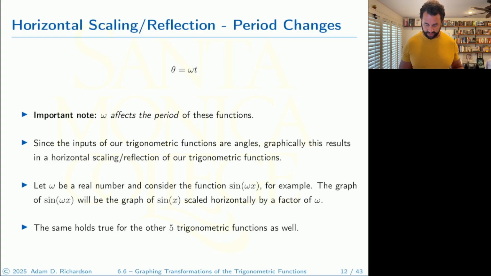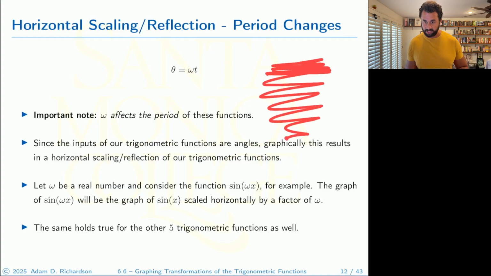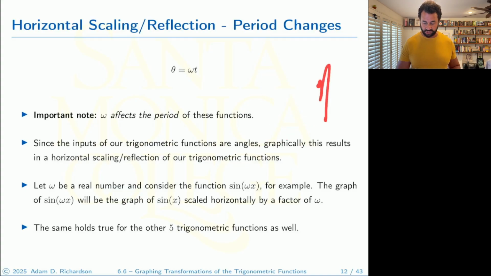Now, because of that, omega is going to affect the period of the graphs of our trigonometric functions. If omega is a really big number, if omega is large, then the object is going really, really fast. And if the object's going really fast, then both the horizontal displacement and the vertical displacement are changing really, really fast.